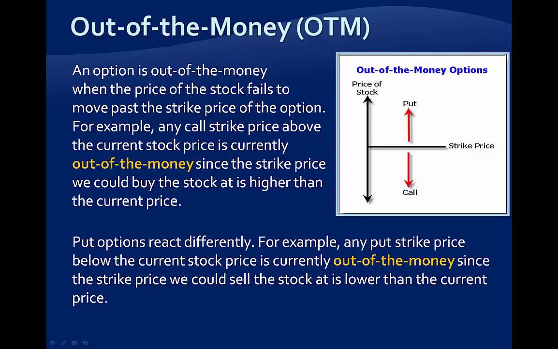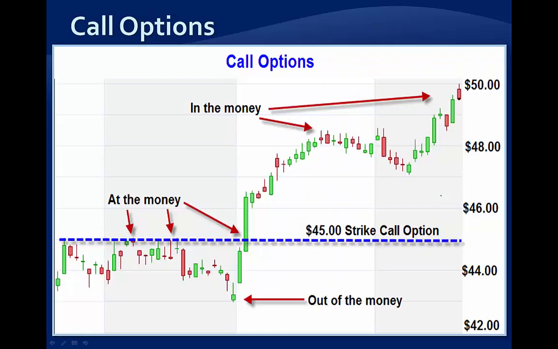Well, that means if the stock is above a put option strike price, then those puts that are down below are out of the money. So in the case of calls and puts, you can think of it just the opposite. With puts, you'd have to fall down to those lower strikes to get them in the money, whereas with calls, you'd have to rise up to move those strike prices in the money.